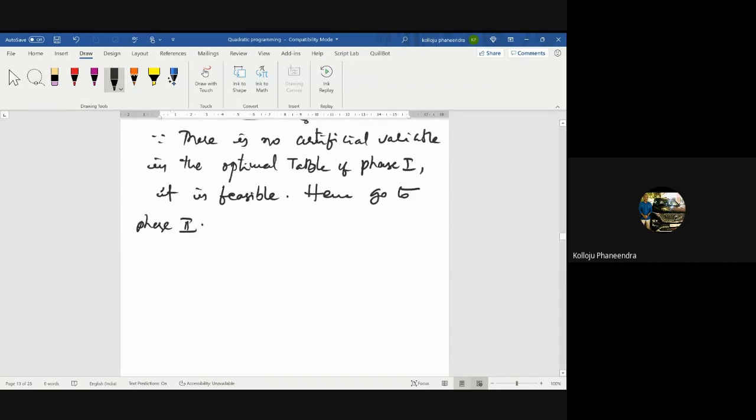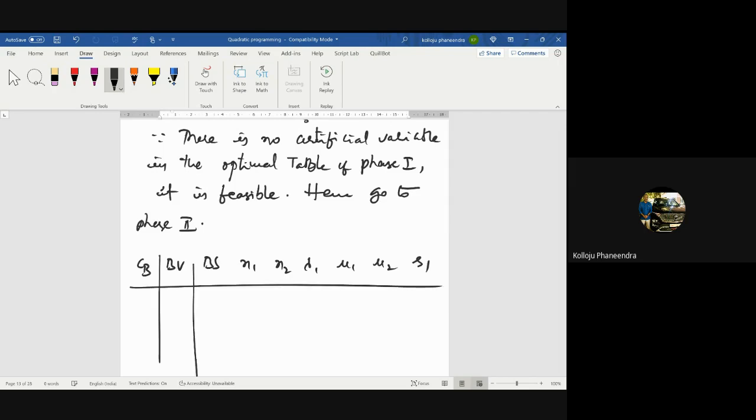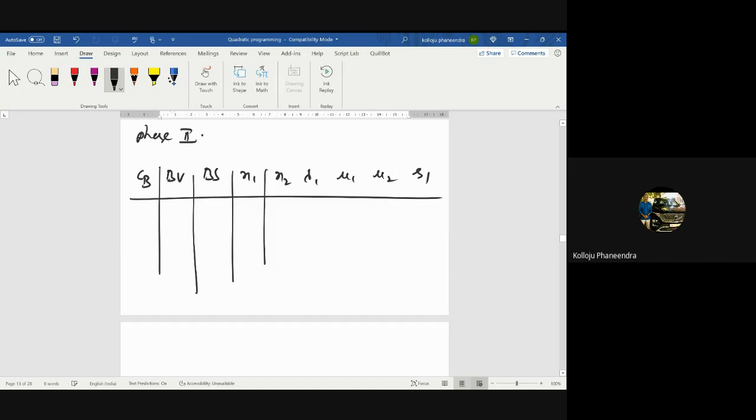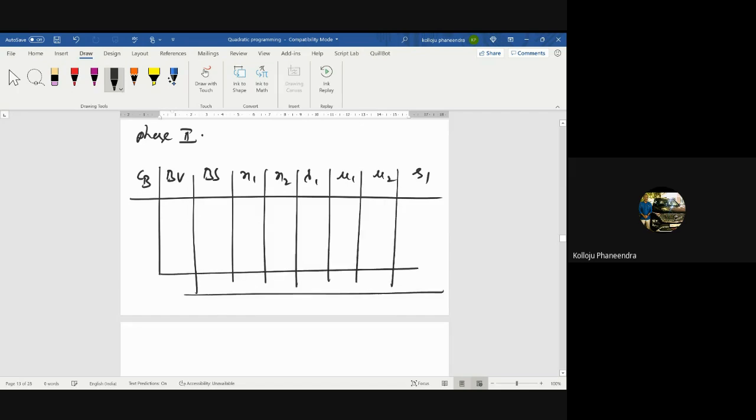What is phase 2 now? CB, basic variable, basic solution, x1, x2, lambda 1, mu1, mu2, s1. Same. You will get the solution. Actually, no need to write this phase 2 also. Directly from the phase 1 problem, you can write the solution.